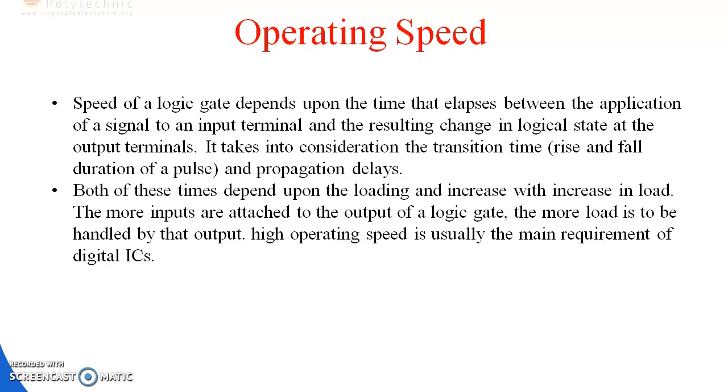Both of these times depend upon the loading and increase with load. The more inputs are attached to the output of a logic gate, the more load is to be handled by that output. High operating speed is usually the main requirement of a digital IC. So operating speed is one of the characteristics of the digital IC.